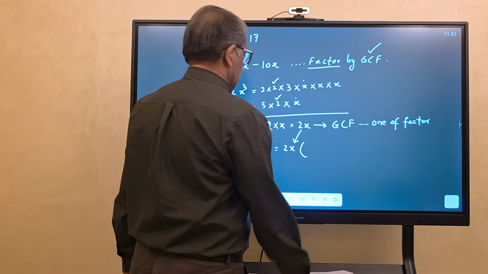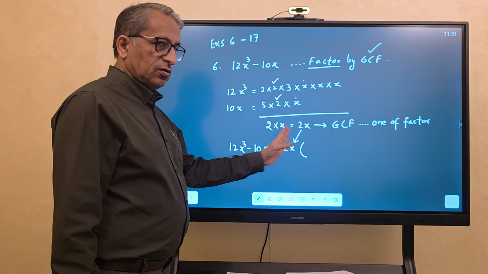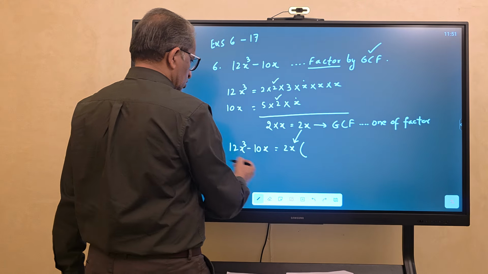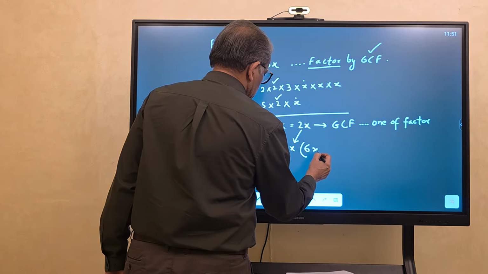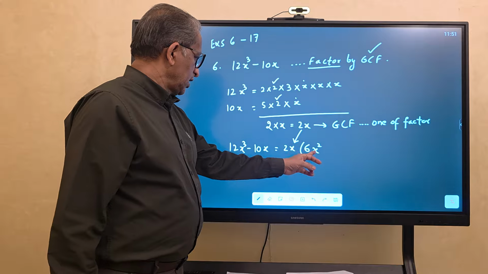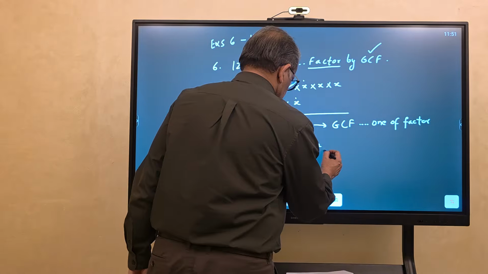Then open the bracket. If I take 2x from here and here, what remains inside? If I take 2x from 12, it is 6. X already I have taken, so it is 6x square. So 6 into 2, 12, x square into x, it is x cubed. Minus.